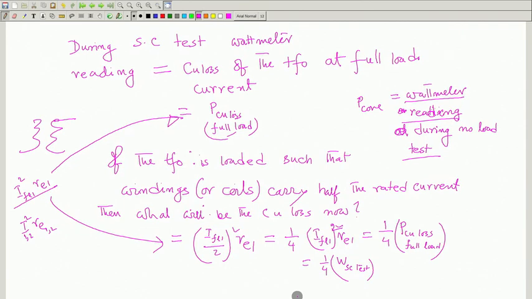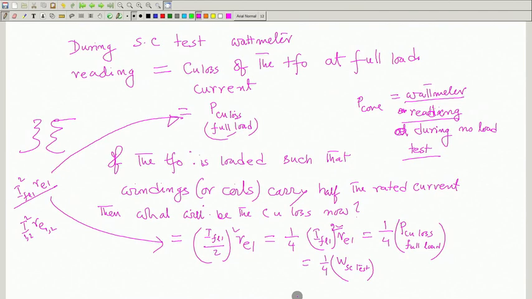You define, then, that copper loss directly depends upon the loading, the degree of loading. Now the question is, what is the degree of loading?